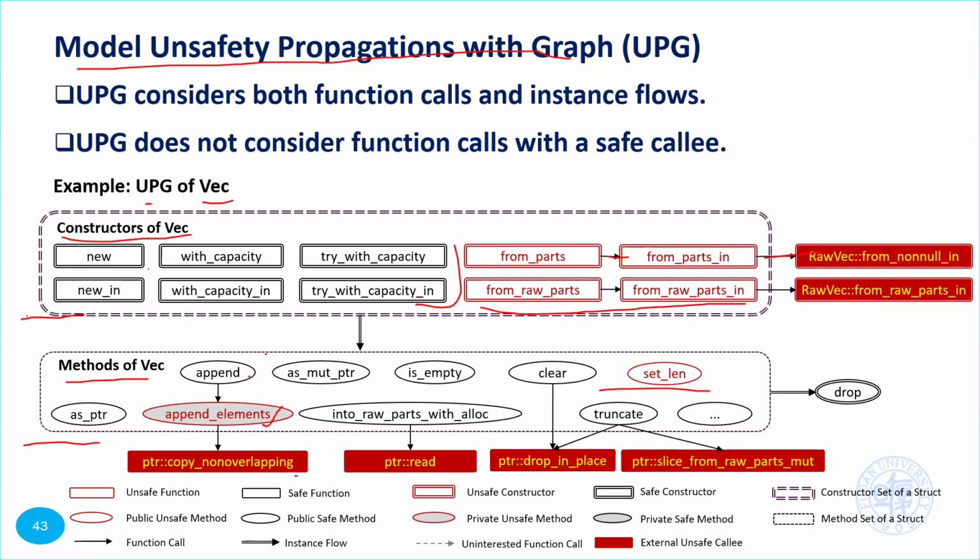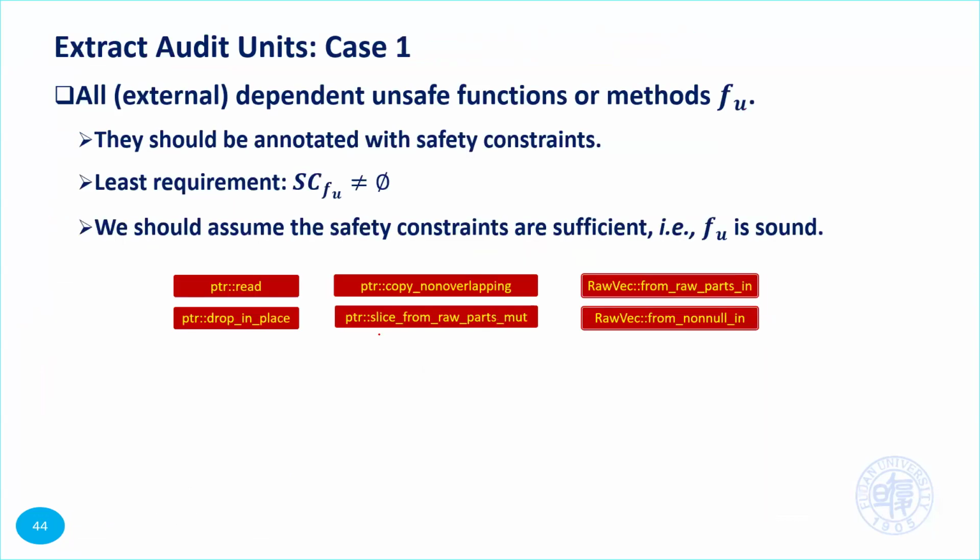Then we can extract audit units based on the UPG. There are 3 cases. Case 1 is all the dependent unsafe functions or methods. They are leaf unsafe functions, like the following 6 unsafe functions. They are from the external part, not within the struct.